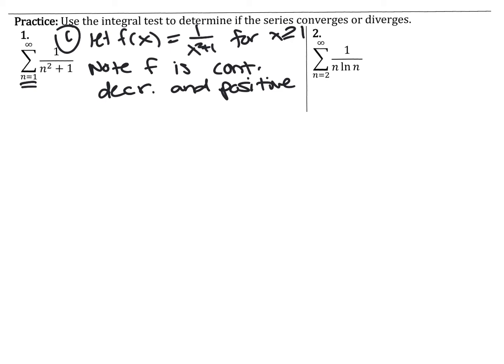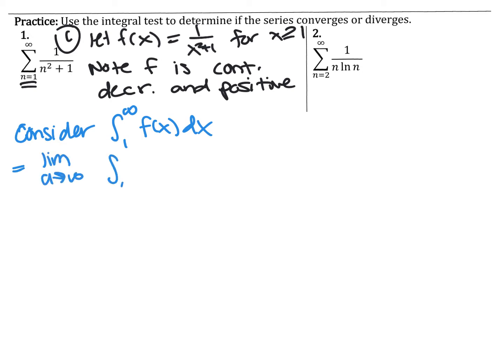Now we're going to consider the improper integral. So consider the integral from 1 to infinity of f of x dx, which will be equal to the limit as a approaches infinity of the integral from 1 to a of 1 over x squared plus 1 dx.